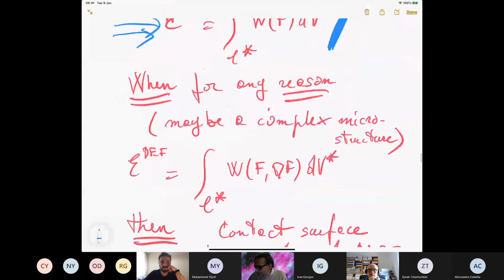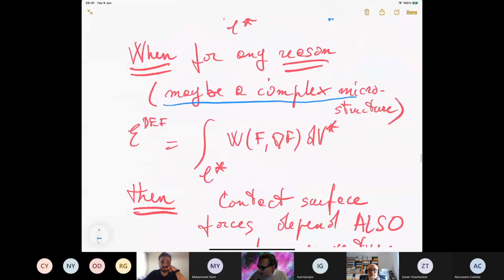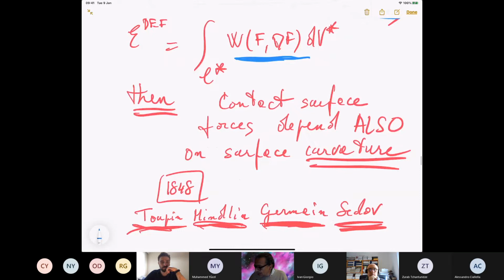It can happen when you have a complex microstructure for your material. It can happen that your deformation energy has this form. Then contact forces depend also on the surface curvature.